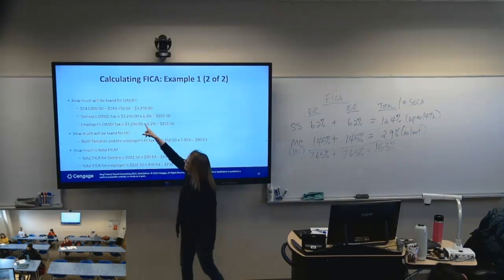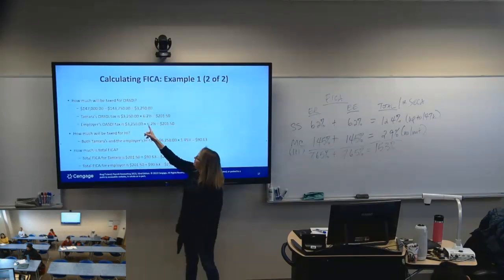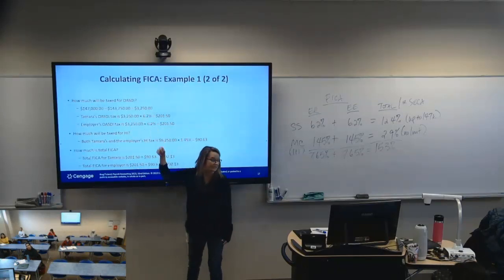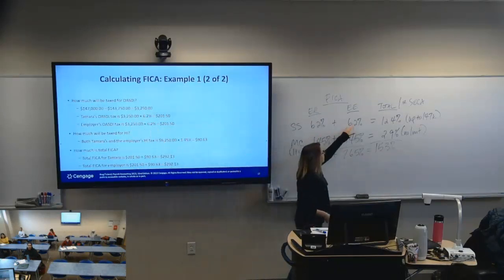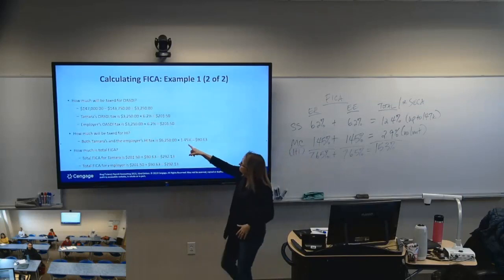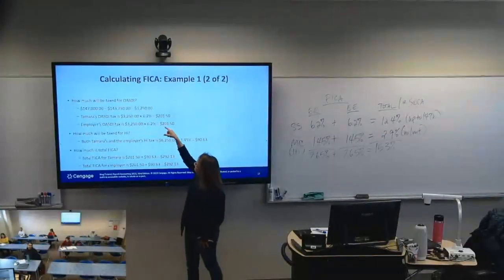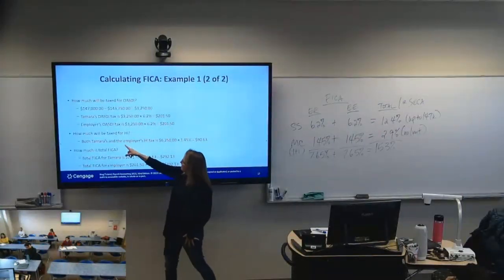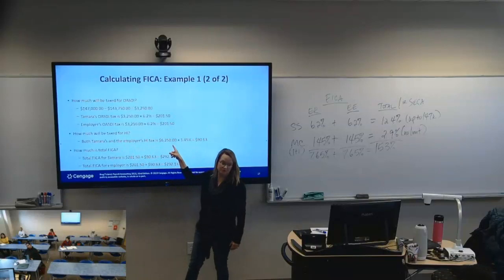So that's the only amount that we're going to multiply by 6.2% for the employee and for the employer, for each of them, the $3,250. Again, for Medicare tax, all of the $6,250 is going to be subject to Medicare tax.